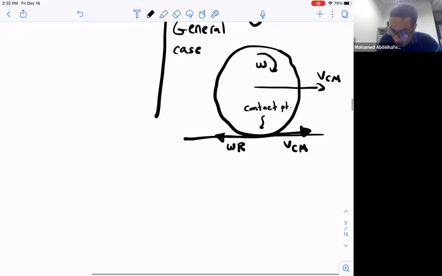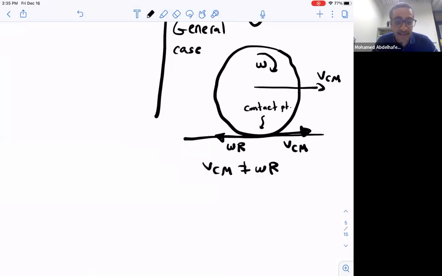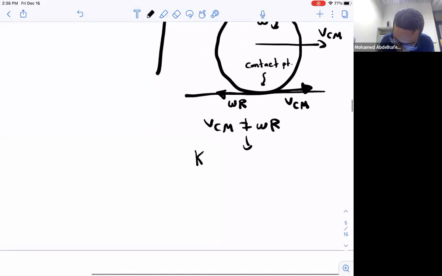So as we said before, VCM is not necessarily equal to omega r in the general case. So these two velocities will not cancel out. So that's why one of them is bigger than the other. VCM is bigger than omega r, or omega r is bigger than VCM. In both cases, this contact point ends up with a net velocity relative to ground. So that's why friction applies, kinetic friction. Very important to remember this.